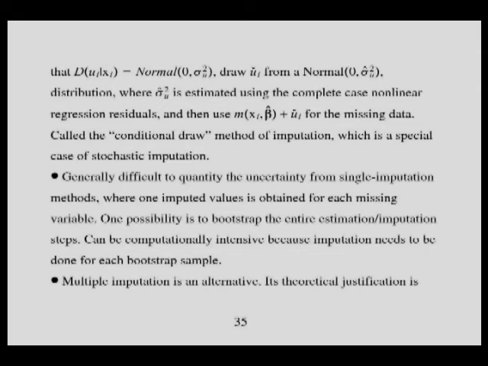So if we assume that the underlying errors are, say, normally distributed, then we would simply draw an error from this estimated distribution and then impute a value in that way. Of course, we'd have to estimate the error variance, but that's also consistent using the selected sample. And then just draw from a normal distribution, and this becomes a single imputation for this particular problem.